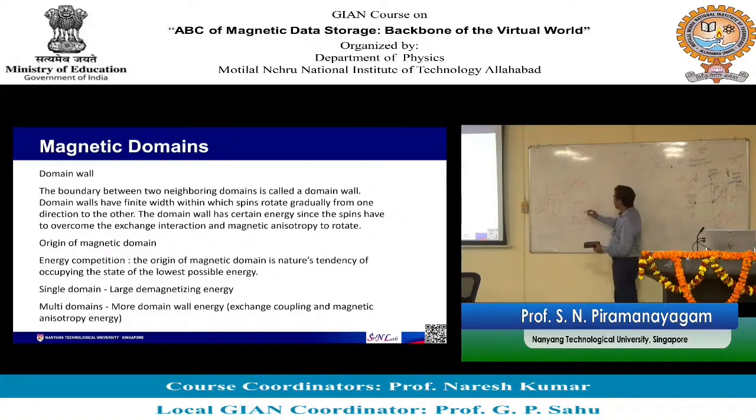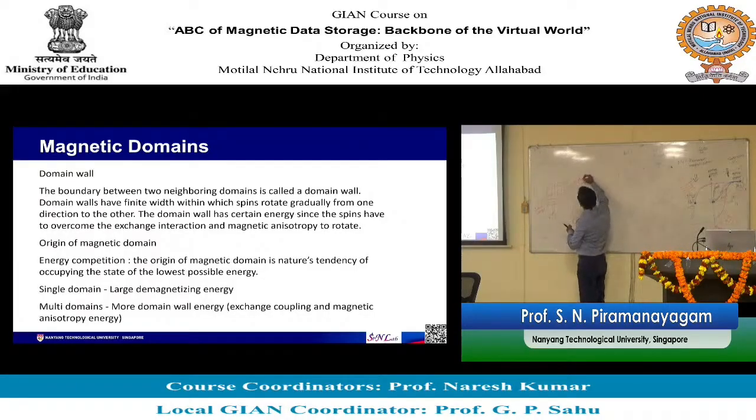Okay, so now you can call this one domain, this another domain, and this a domain wall. Okay, so here I just used some energy, right? High energy, low energy. So we call this the magnetostatic energy.